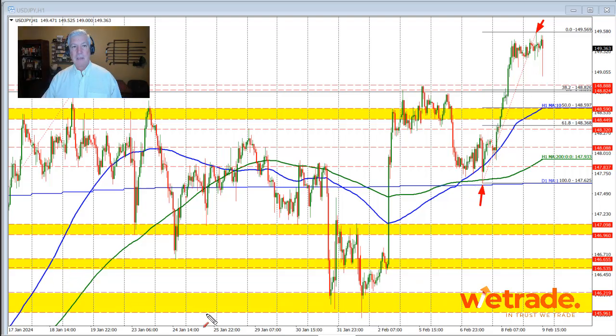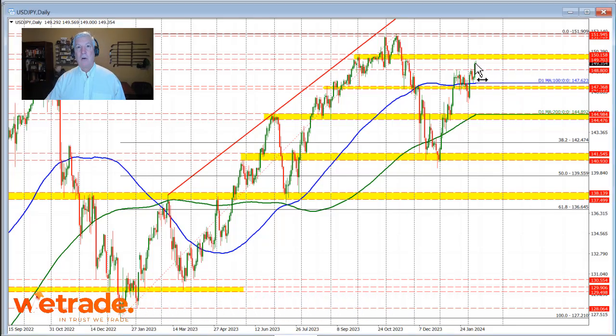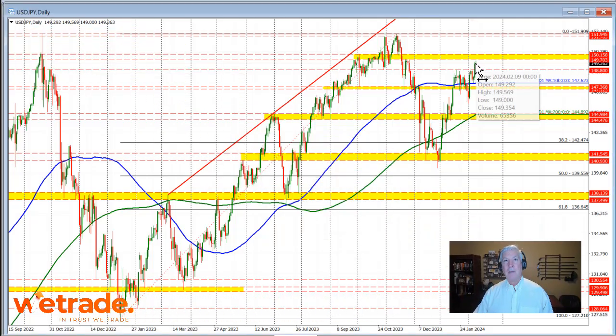I said I would take a look at the daily chart, and I promised to do that. Here's where we stand on the daily chart. This swing area between 149.70 up to 150.15 is the next target on the top side. The high price today reached 149.56, so it got within 14 pips of that level. That is the area that we're going to need to get to and through if the buyers are to take more control in the dollar versus yen.